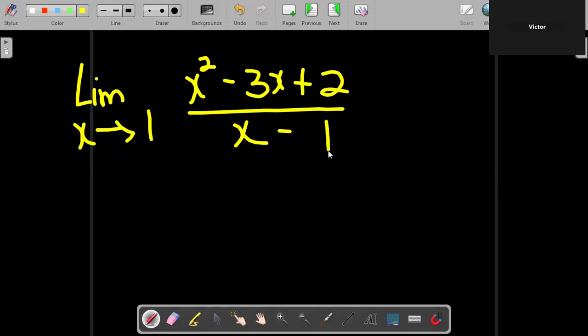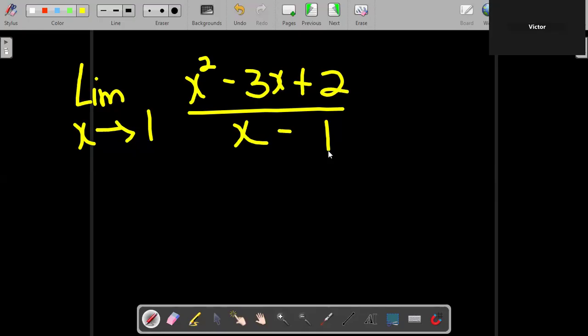So you ask yourself now, how do we factorize the quadratic on top? To factorize it, you think of two numbers. If you multiply the two numbers, you have positive 2. If you add the two numbers, you have negative 3. Which numbers can do that for us?